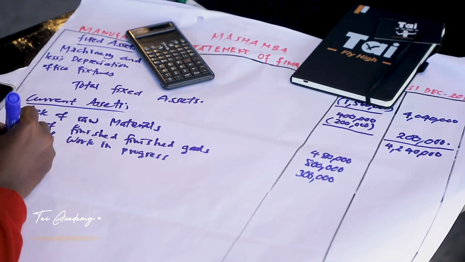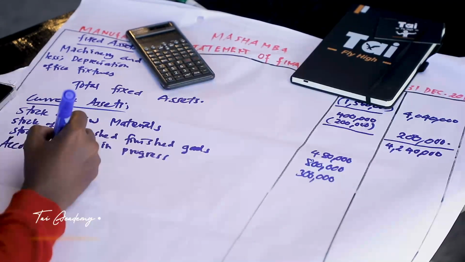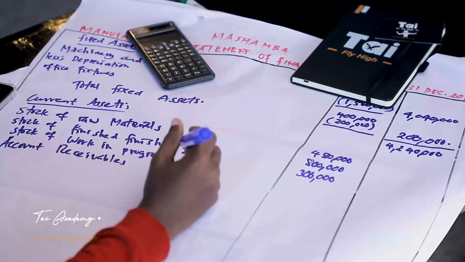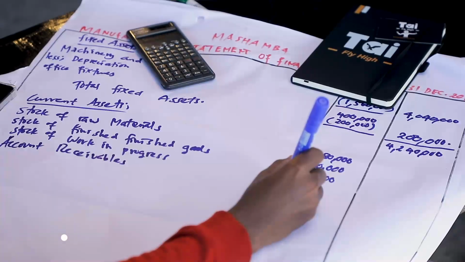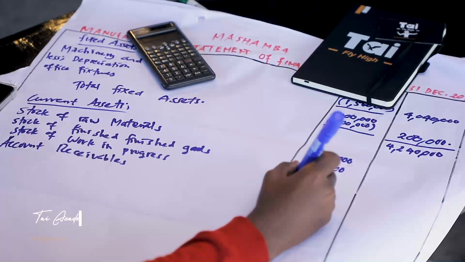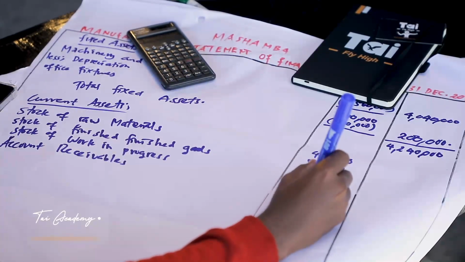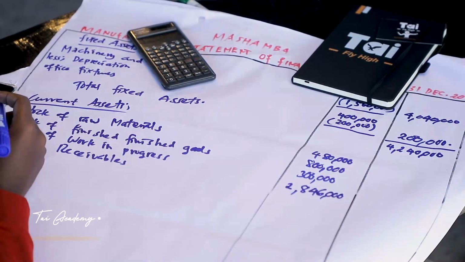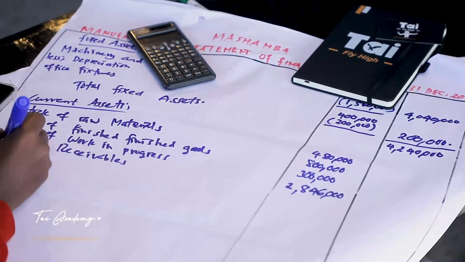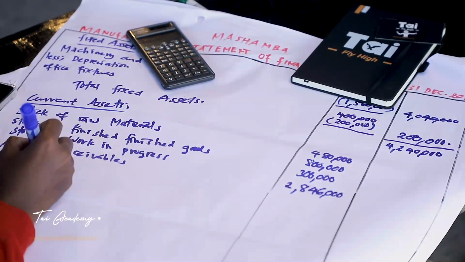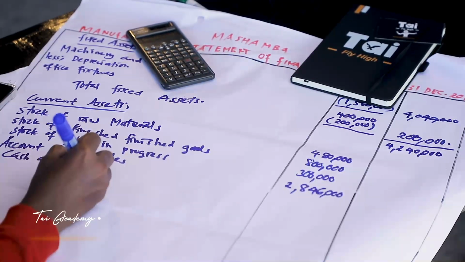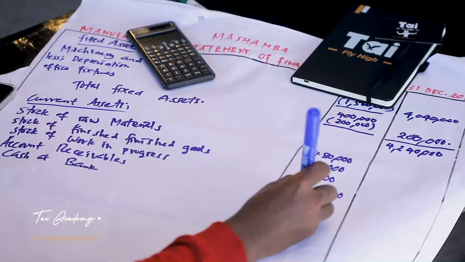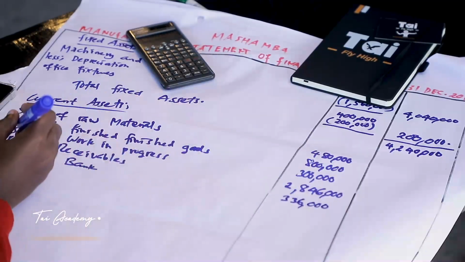So here we should have account receivables, buto na cost ya belonging bills like 8, we have cash at bank, tuna cost here.